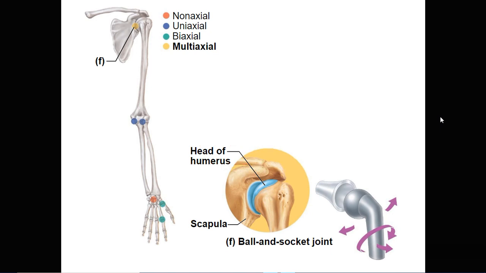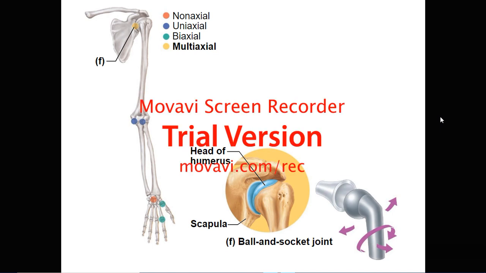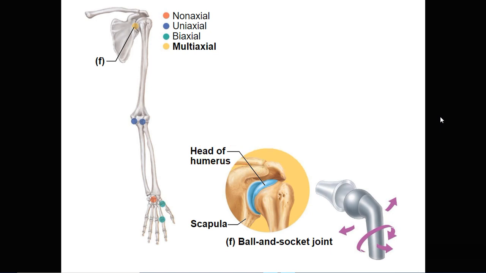You can do flexion and extension, adduction and abduction, and you also have rotation. So you have movement in all three planes, and it's commonly known as a ball and socket joint.